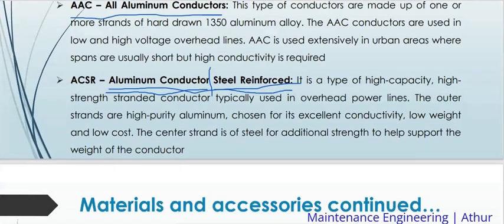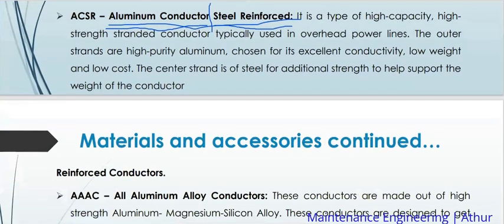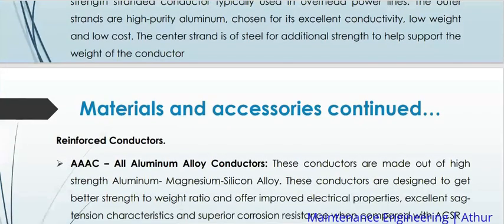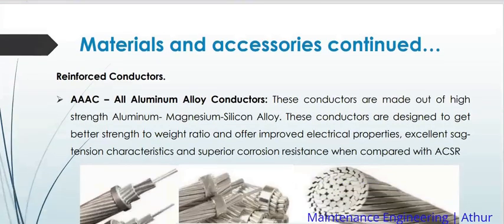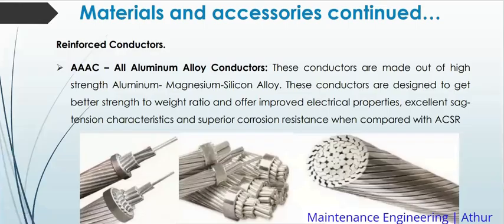I'm sure you studied these things in power, like power one. Then there are all aluminium alloy conductors. That is also called aluminium, magnesium, silicon alloy, and it is called all aluminium alloy conductors.